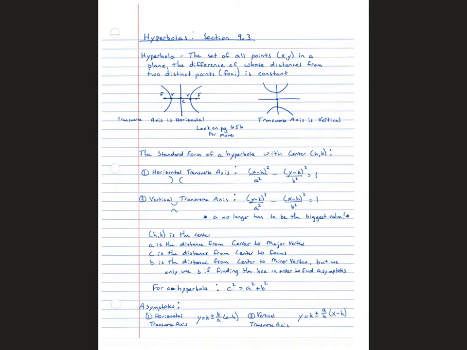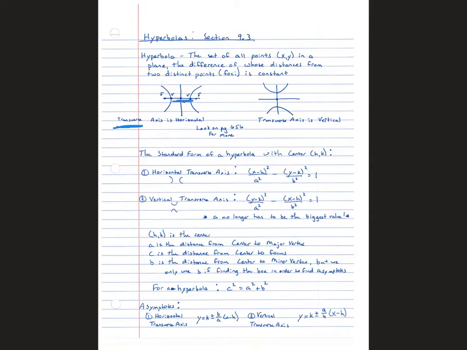So it defines what all the variables are, defines distances and things like that. Very similar to ellipses. I want you to note that things will vary depending on which direction the hyperbola opens. In this case, we call that a transverse axis.